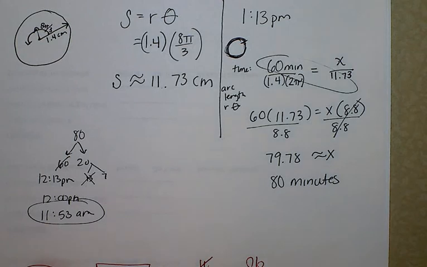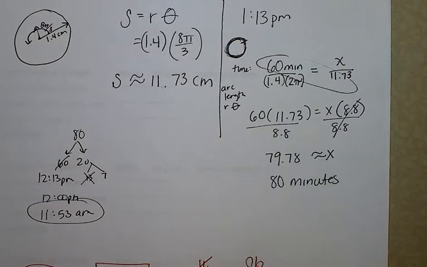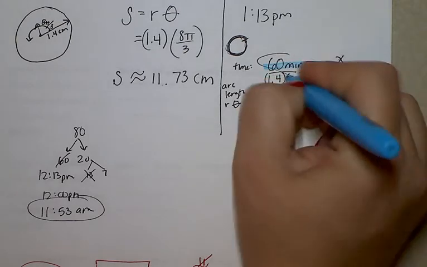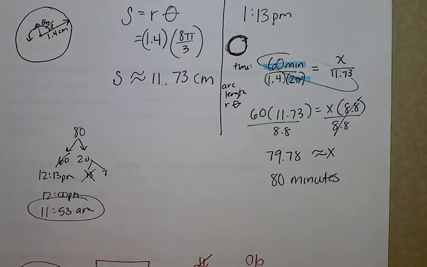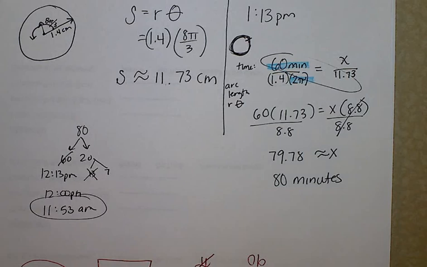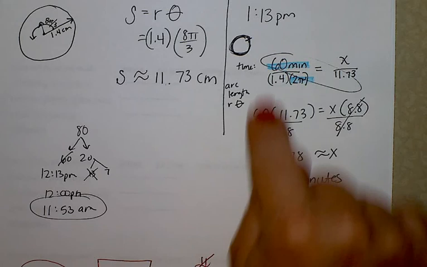So in other problems, this will be the same. When we're creating this ratio, this will be the same and this will be the same. But what's going to change is every watch is slightly different size, right? So the radius of every watch will change. So that 1.4 is going to change from watch to watch. But the way this is set up will be the same.